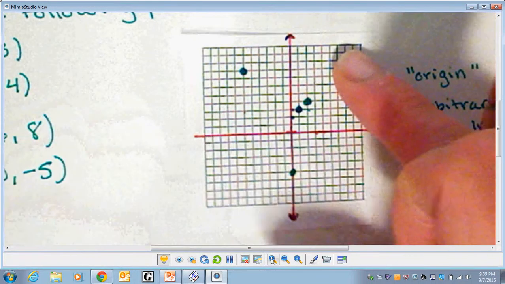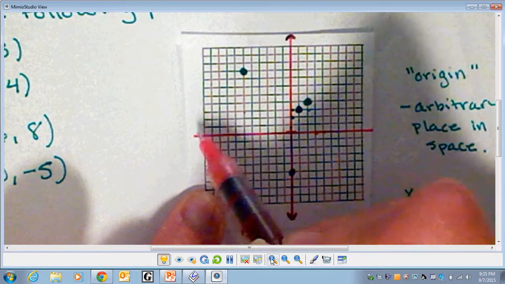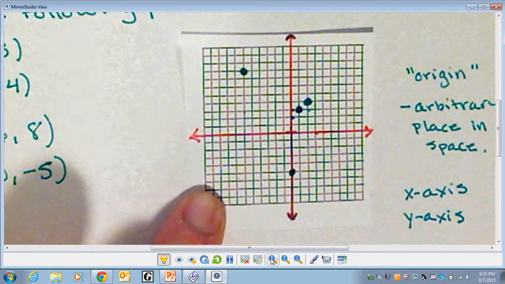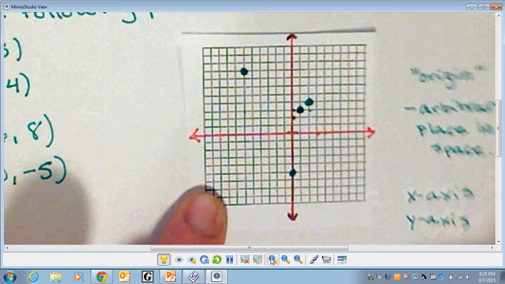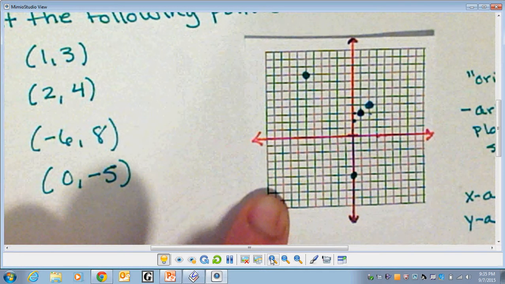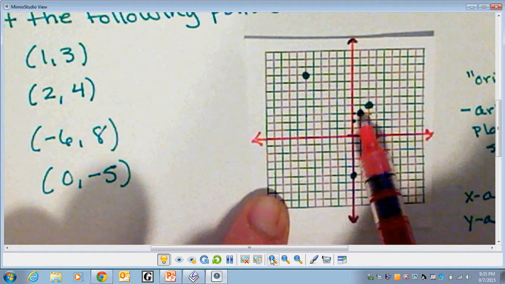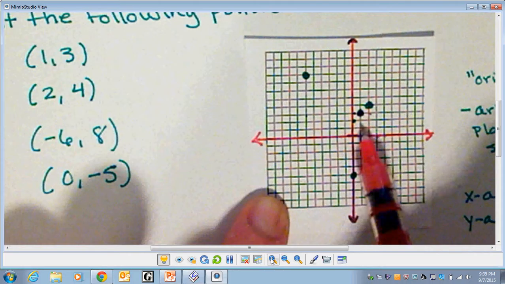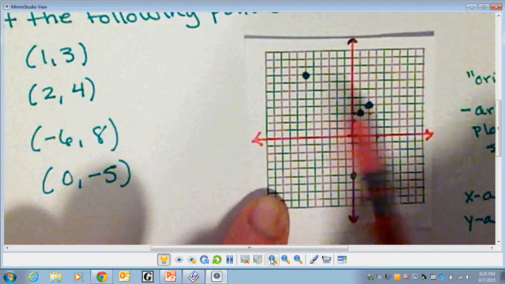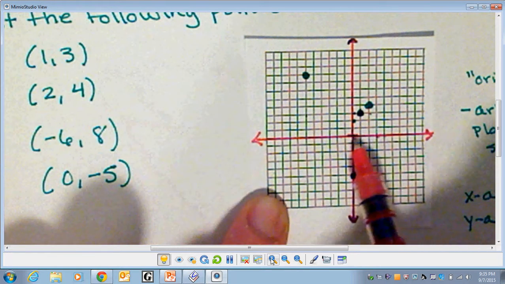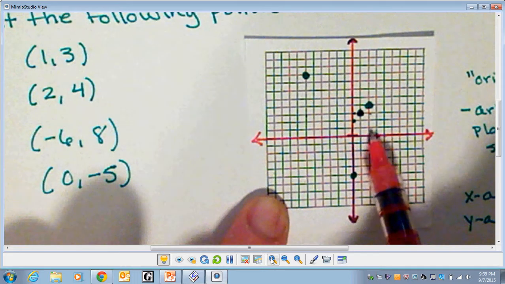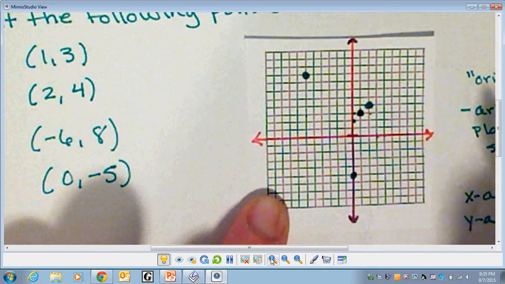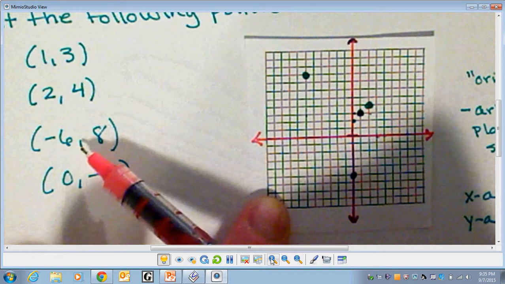So now that we have an x and a y-axis on here, let me see if I put these points on correctly. Remember I said this point was 1, 3. Well, my x is 1 and my y is 3. So that's 1, 3. Here's 2, 4. So my x is 2 and my y is 1, 2, 3, 4. My y is 4. So that was right. Let's see if I did this one correctly.